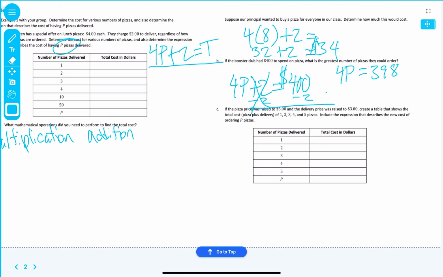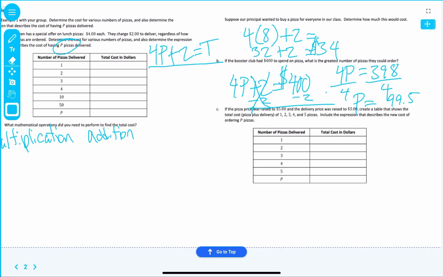Now, 4p, that's 4 times p. Can we do it? We can't, because we don't know what p is. So we do the opposite. What's the opposite of multiplication? It's division. So we're going to divide by 4, and P equals, I know it's going to be 99, but I'm going to do it on here to see. 99.5.